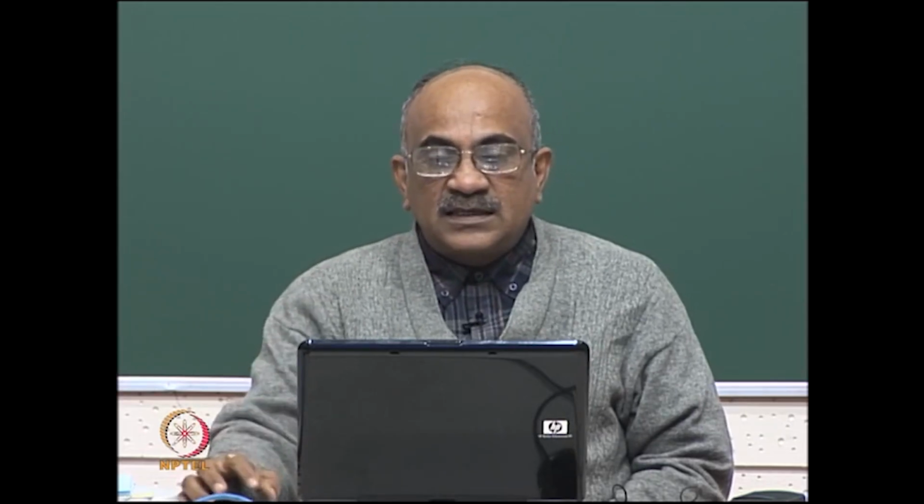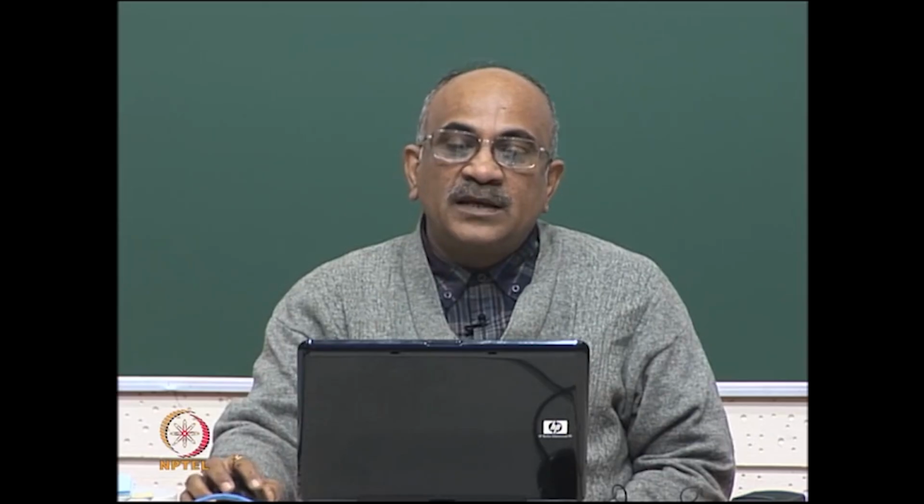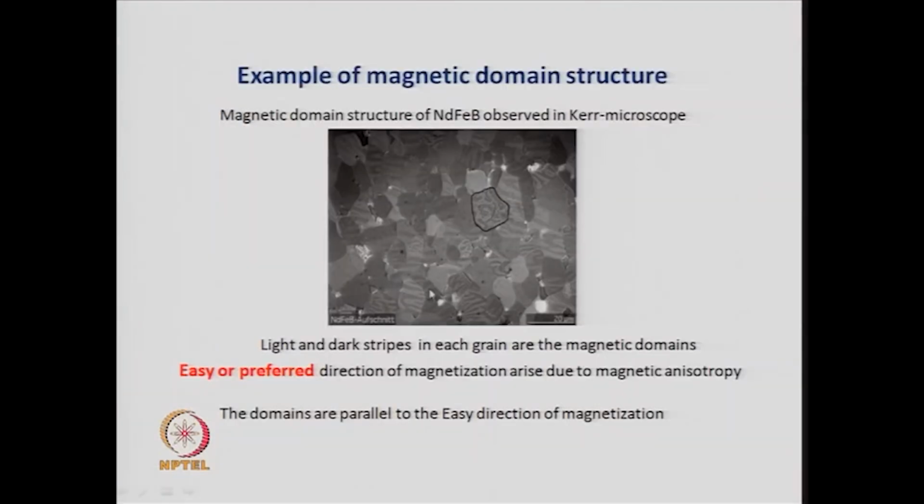we discussed by the Kerr microscopy, where you can identify the type of magnetic domains that you have, and it will be different for different materials. For example, NdFeB shows this kind of magnetic domains, some other material will show some other kind of magnetic domain, which will have a different crystal anisotropy, and it may have a different magnetostatic energy.